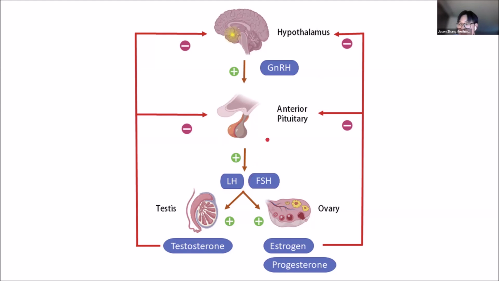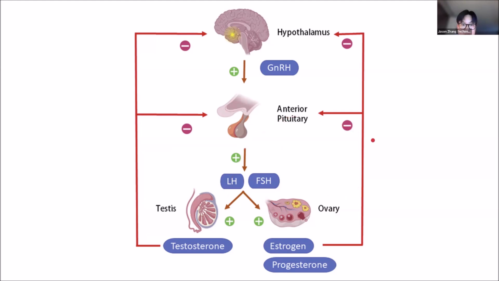And all these pathways are driven by feedback pathways, where generally the most end-stream hormone, in this case testosterone or estrogen, will perform negative feedback on upstream, so the pituitary and the hypothalamus, and that's how the body regulates this. So be comfortable thinking about these pathways.